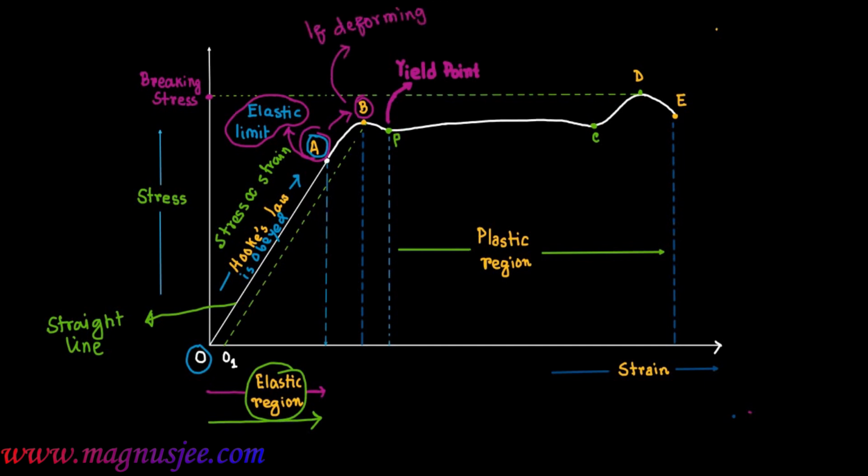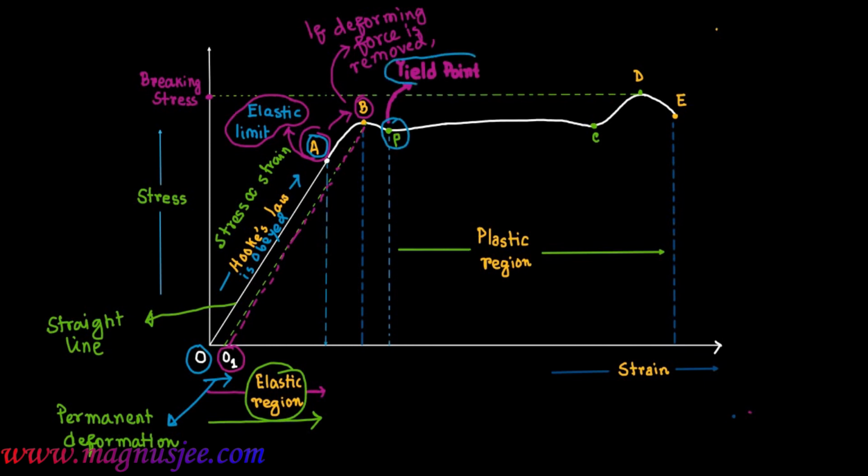From A to B we have a curve, and if the deforming force is removed, the body will regain its initial configuration along that imaginary line, and OO1 is a permanent strain or deformation produced in the body if the deforming force is removed at the point B. The point P is called the yield point, beyond which the body starts to behave as a perfectly plastic body, when strain is independent of stress.